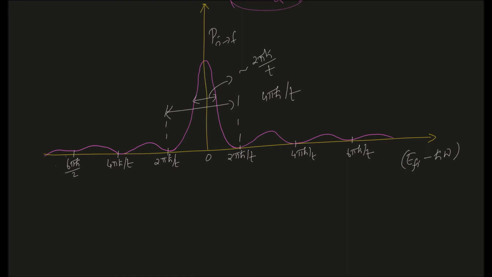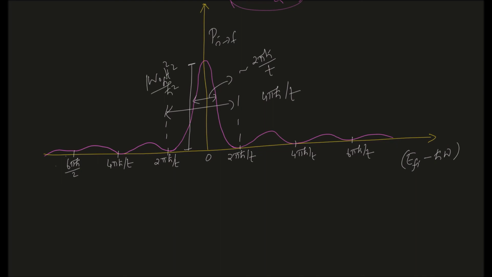and the height of this transition is proportional to t square. The height is usually given by W_0 fi modulus square, t square by h cross square.